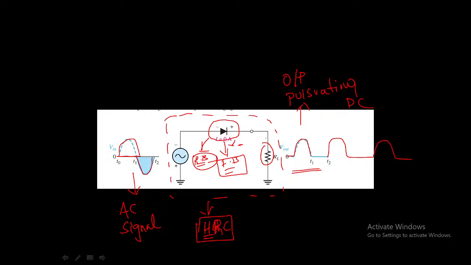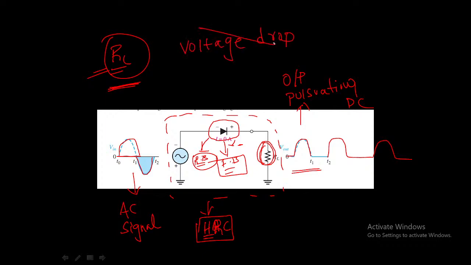If there is no current flowing through the diode, then there is no current through the external or load resistance RL. Since the diode acts like an open switch, there will be no voltage drop across this resistance.